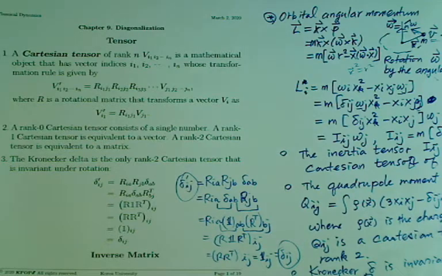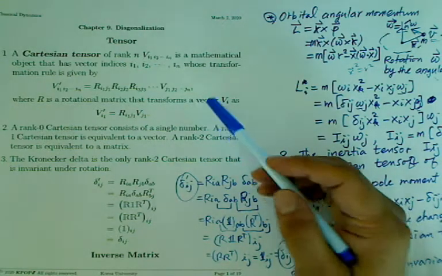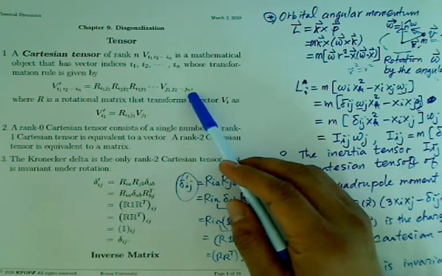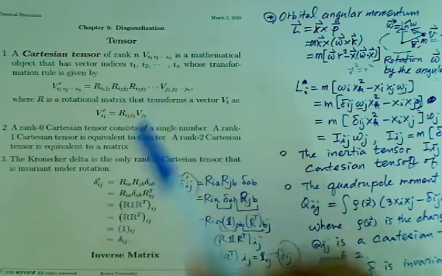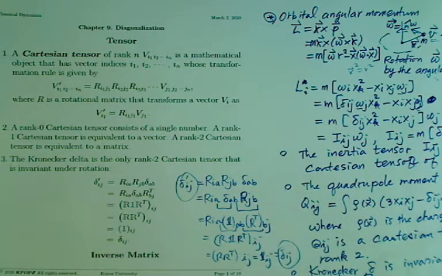So a Cartesian tensor of rank n has n vector indices, and for each vector index we multiply the rotation matrix R. We'll find that a rank 2 Cartesian tensor is a kind of matrix, and the simplest rank 2 Cartesian tensor is the Kronecker delta.